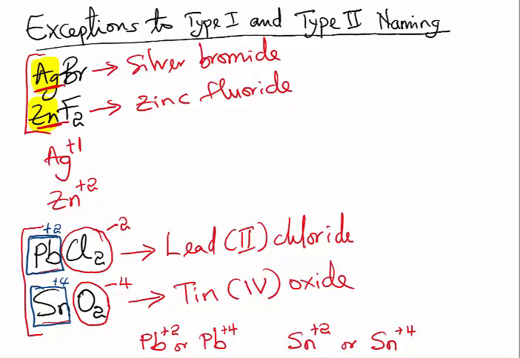Also, anytime you see these 2 elements, lead and tin, although they are not transition metals, we always name their compounds like we name transition metal compounds because they have multiple charges. So we will need to specify which charge we are talking about.